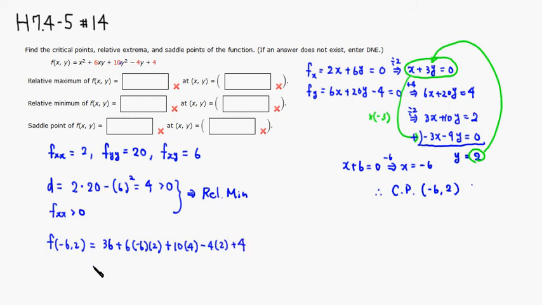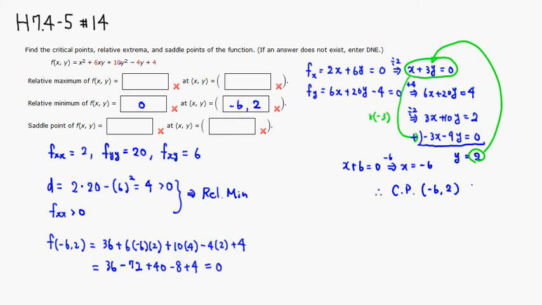So what's this? 36 minus 72 is negative 36, plus 40 is plus 4, and minus 8 is 4 minus 8, plus 4, so it's going to be 0. So we know that the relative minimum is 0 at negative 6, 2.